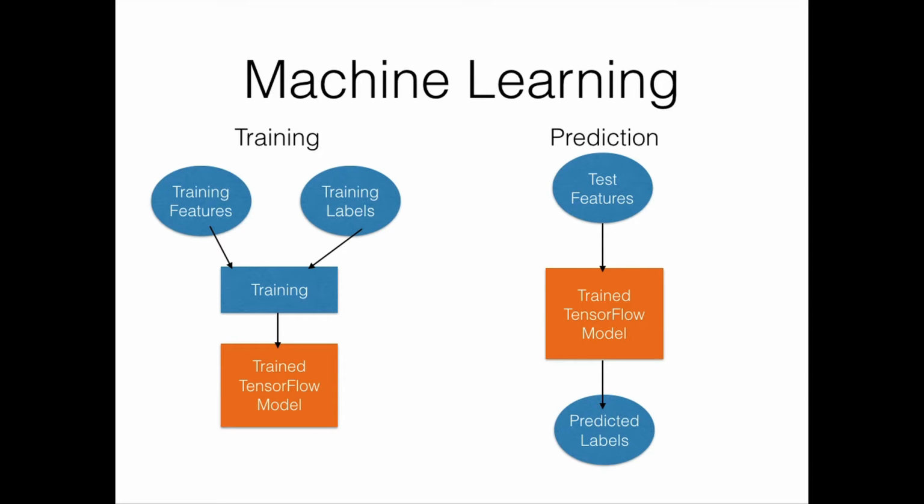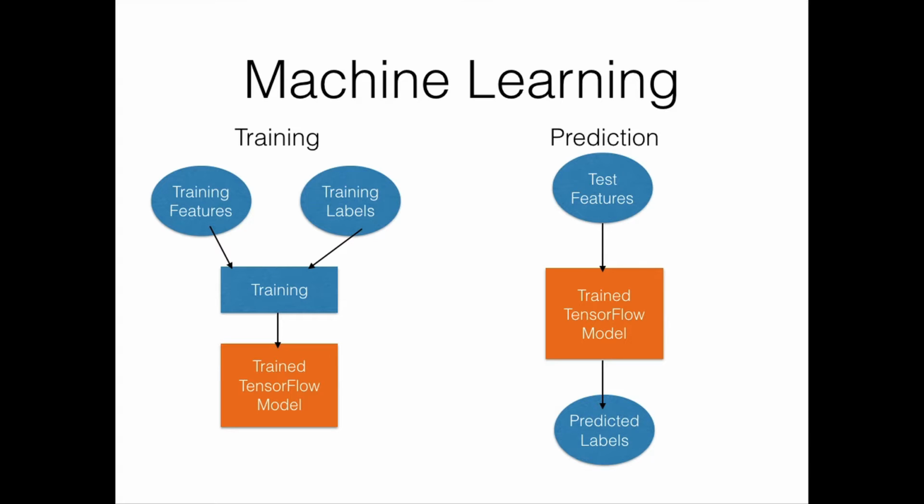So this is a quick overview of machine learning. And in this case, we're talking about supervised learning. So there are two main steps which we want to run on our Flask app. We want to do a training step where we take training features and labels and feed them into our training process. And this will generate, through training, the trained TensorFlow model.